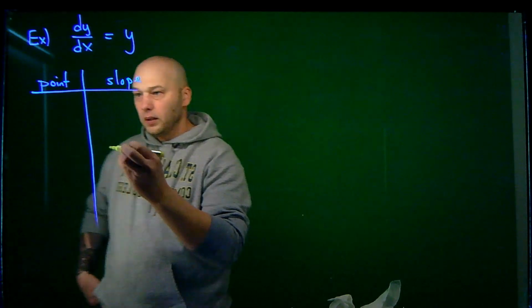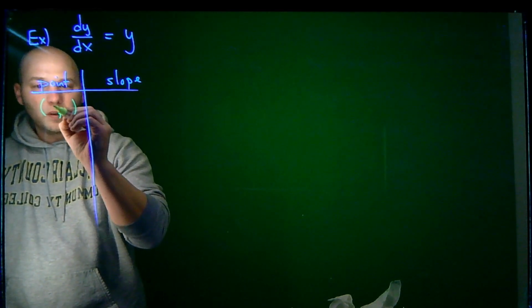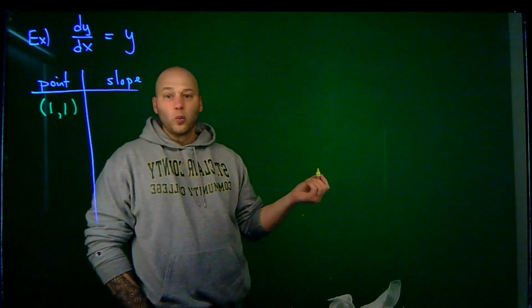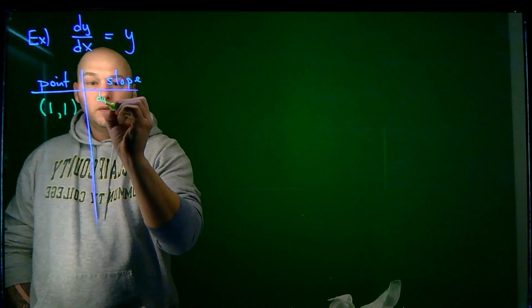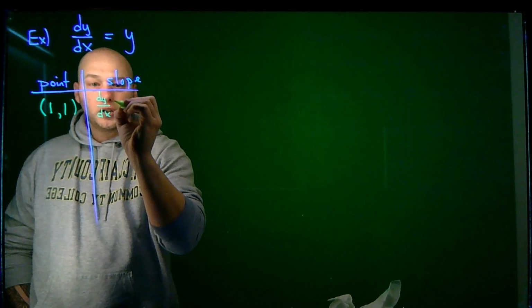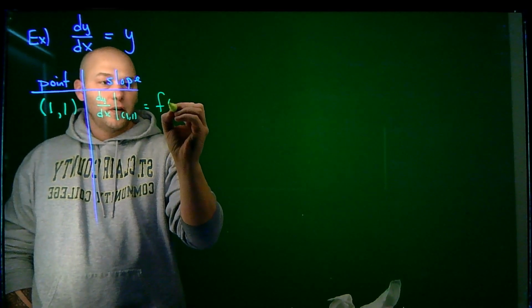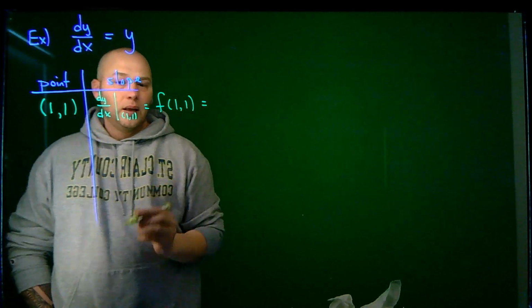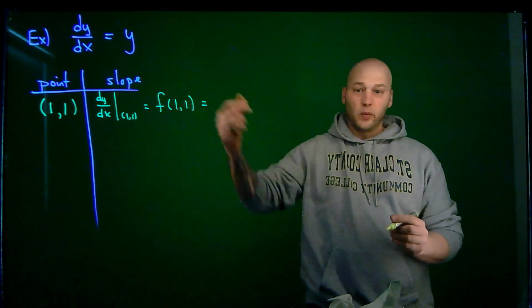Okay. Now let's go ahead and list some of these. Well, let's pick some points that are easy to work with. Like let's say the point (1, 1). The slope is going to be the derivative of the unknown function evaluated at (1, 1), which remember is f of (1, 1). f of (1, 1) is just the expression that the derivative is equal to evaluated at that point.